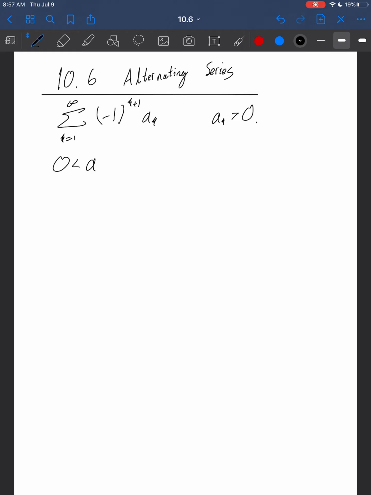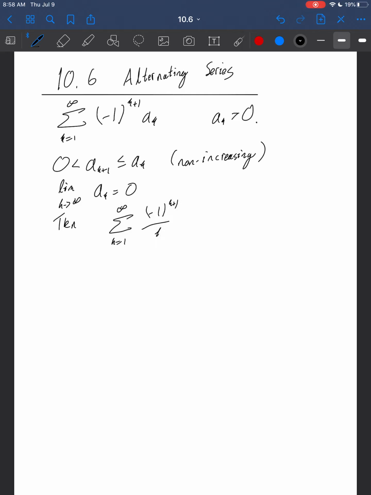What I mean is, if my terms are decreasing, so a_(k+1) is less than or equal to a_k, or non-increasing, remember these a_k are the positive part of my series, and then it's going to bounce back and forth between adding and subtracting this positive part, and my limit as k goes to infinity of a_k equals 0, then my series converges.